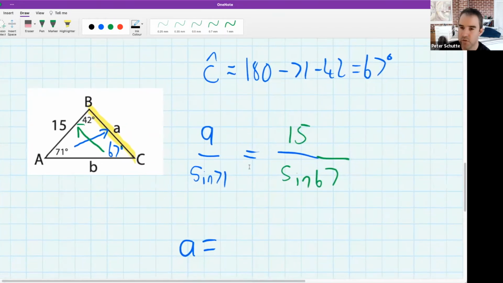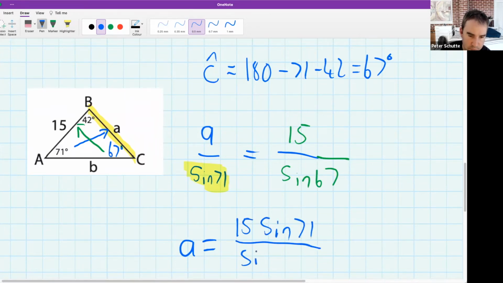And I see some students are putting some answers in. Now, what I need to do is bring the sine of 71 across to the other side. And because it's division on this side, it becomes multiplication on this side. And it becomes 15 times the sine of 71 over the sine of 67.